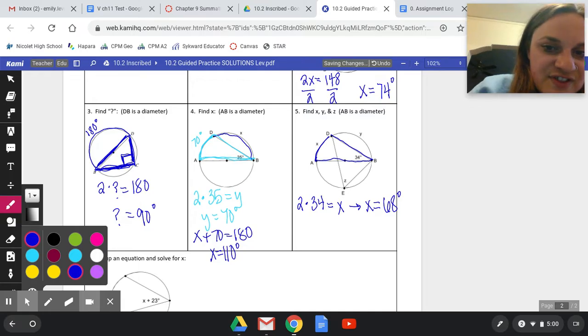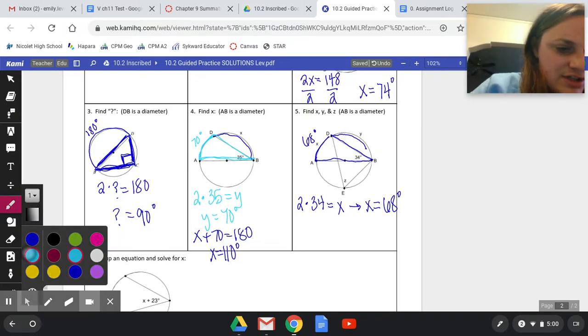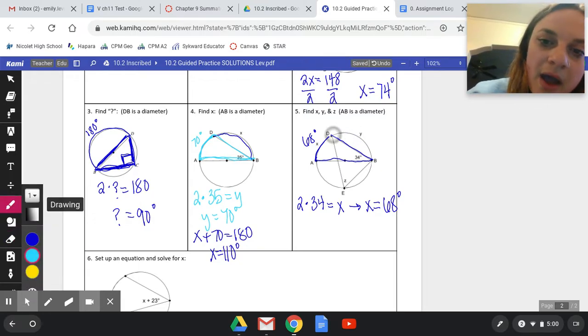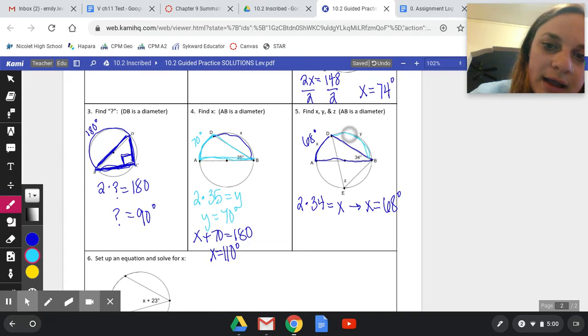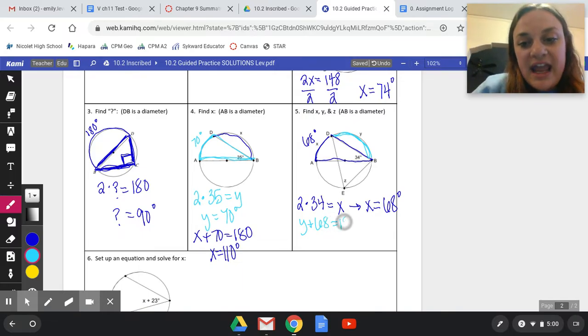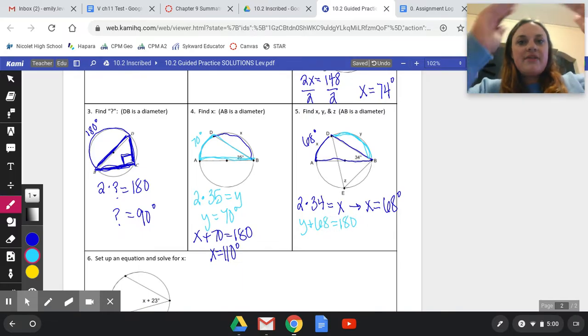Okay, so if this is 68 degrees, and I know that AB is a diameter, it didn't change my color. So rude. Sorry. So I know that y, whatever y is, which is right over here, y plus 68 has to equal 180, because that x and y create half the circle.